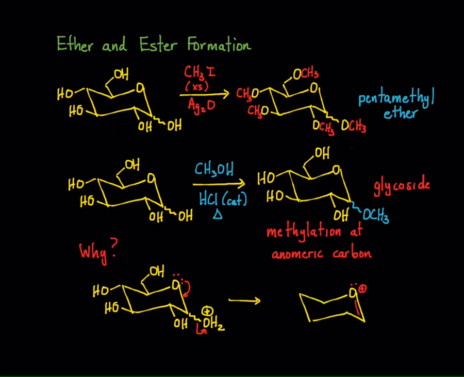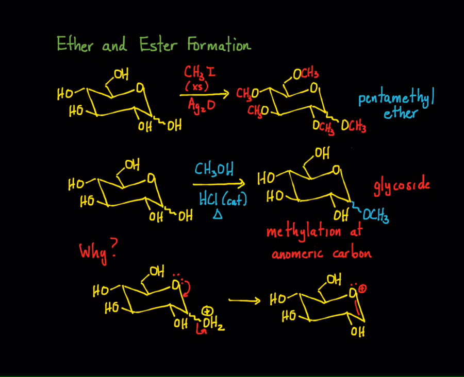And so I generate this particular intermediate. And if methanol is around, now methanol can attack that anomeric carbon, and the electrons can go back up onto the oxygen in the ring. And then you have essentially methylated that anomeric carbon.